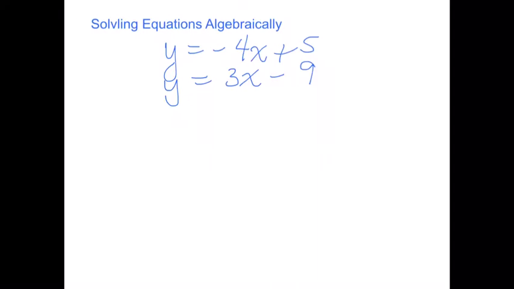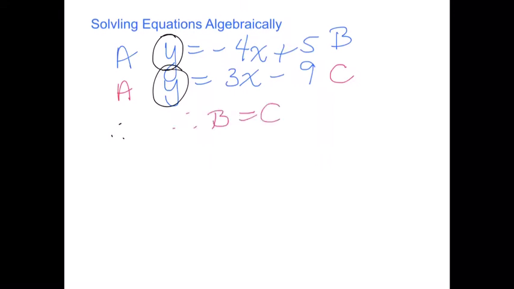All right, let's solve these 2 equations algebraically and see if we get the same solution we got using the graphing method. So first of all, in the method that I use, I'm always looking for things that are equal. And in this case, I already have y's that are equal because they're arranged in the form y = mx + b, or slope-intercept form. So therefore, I can say, well, if this is my a, and that's my b, and that's my a, and that's my c, if a equals b and a equals c, you got it, b has to equal c.